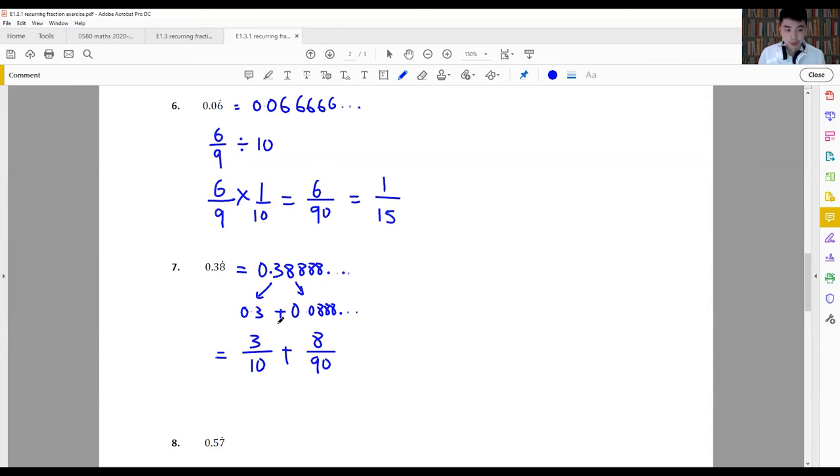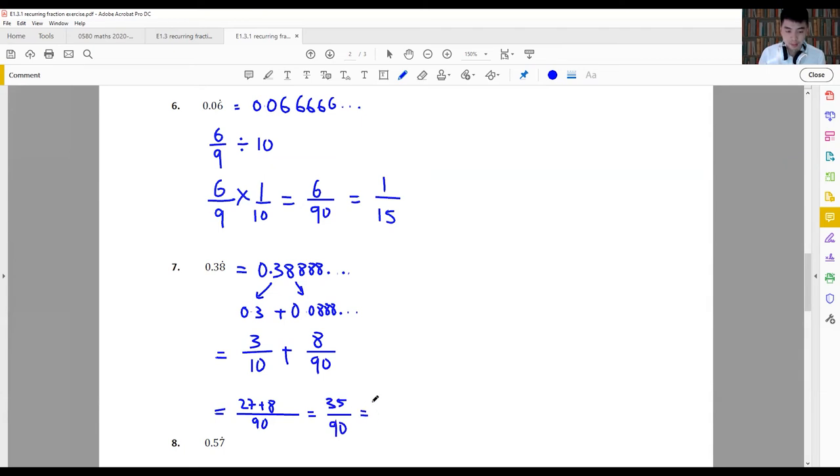Now, what we can do is, from here, all we have to do is convert the denominator into the same. So you actually have 90 over, the 3 times 9, 27 plus 8. So you actually have 35 over 90.